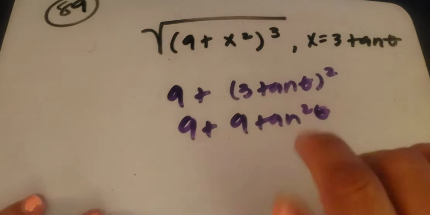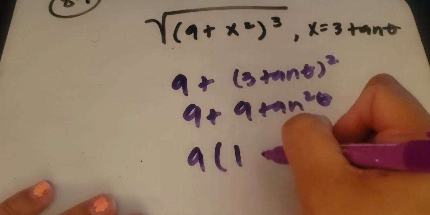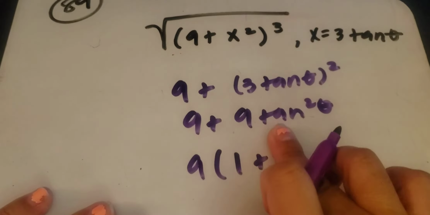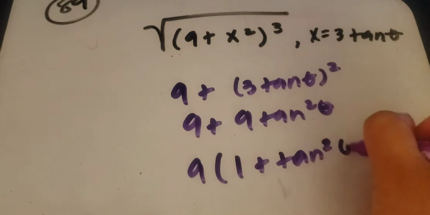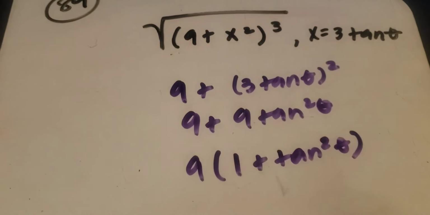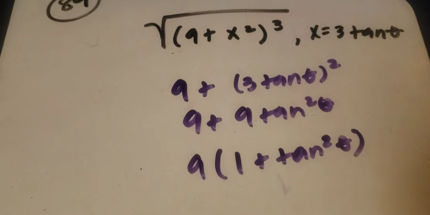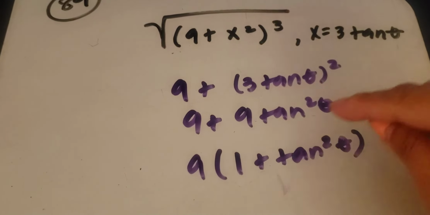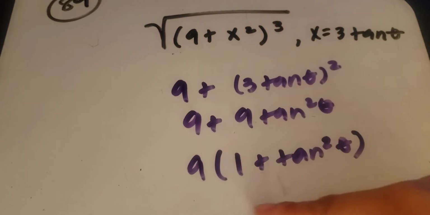Again, I'm ignoring the cube and the square root for now because I'm just simplifying everything. I can factor out a 9, and this would give me 1 plus tangent squared theta. Again, I'm still going to ignore the cube and the square root. 1 plus tangent squared theta is a property.